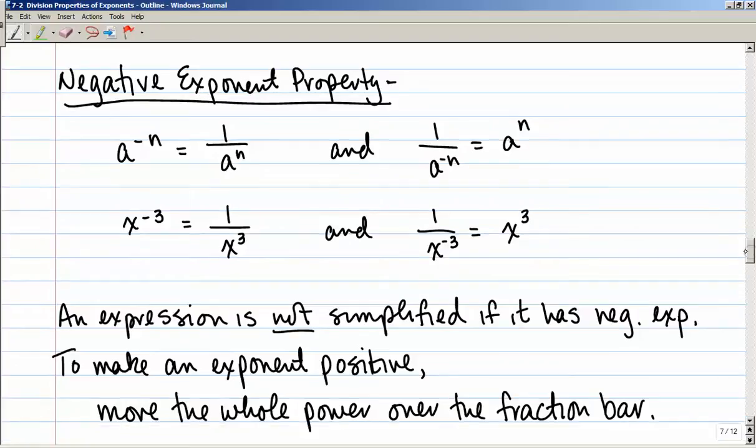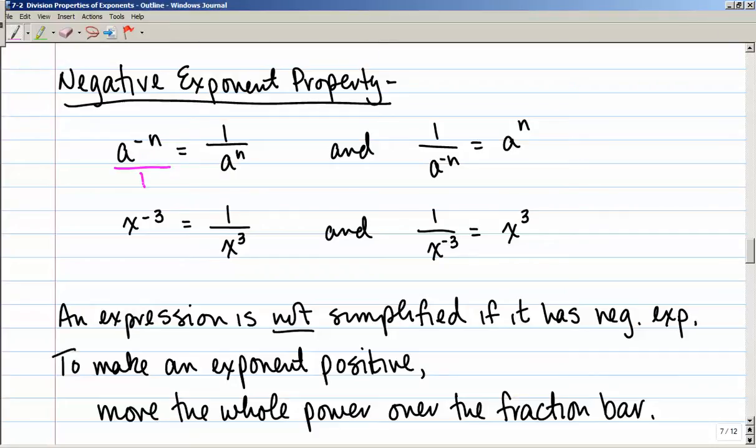So an expression is not simplified if it has a negative exponent. Here's my rule. Here's the way I understand dealing with this. You can't have a negative exponent, but in order to make a negative exponent positive, you need to take the whole power and move it over the fraction bar. Here's the idea.